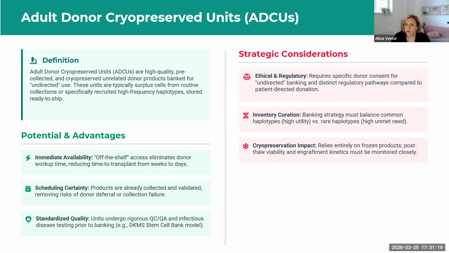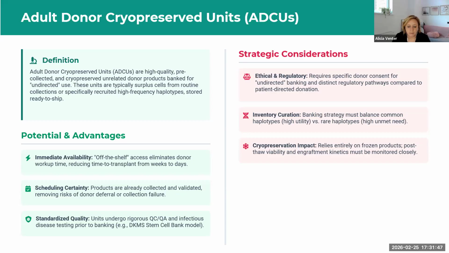The banks don't want to make the same mistakes that have been made in cord blood banking, so they are curating the banks for really high utility, so the most common haplotypes or the really rare haplotypes, but in limited numbers. And then cryopreservation impact refers to the fact that it really relies entirely on frozen products.